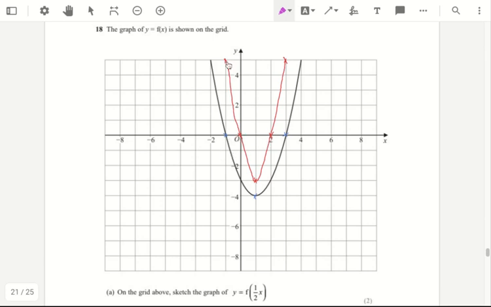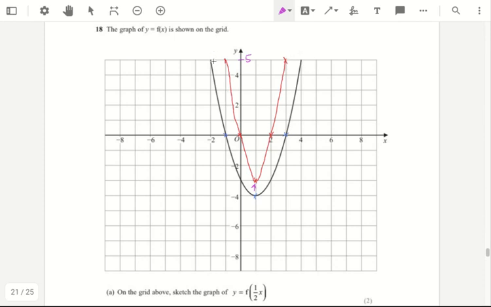Okay, so you can see that from this point it moved to this point. Instead of -4, it's -3 now. Then instead of 3, it becomes 2. Instead of 5, instead of 4, it becomes 3.